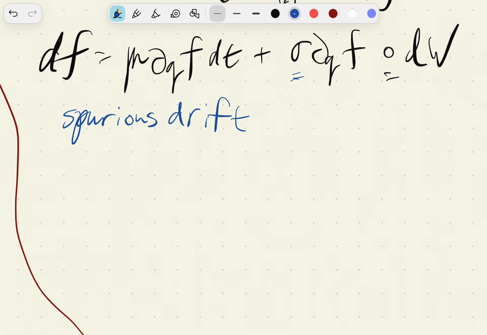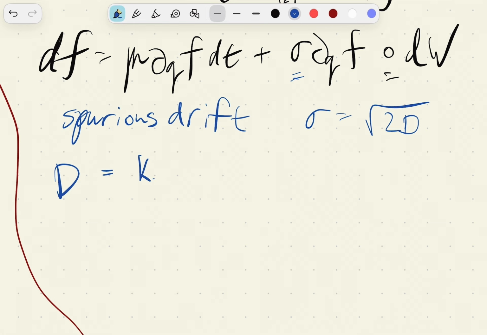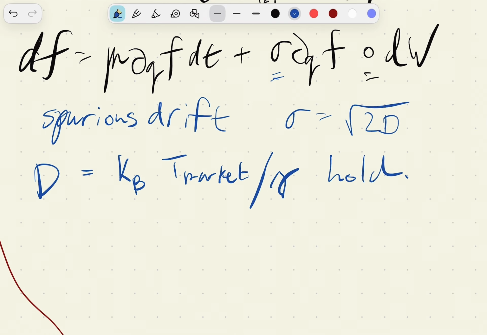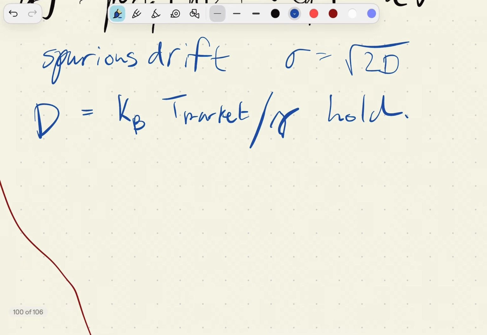And remember how we defined the sigma. Sigma is what? Square root of 2D, right? If you did this, D being equivalent to k_B T over gamma will hold, okay? And I will leave this as an exercise to the video viewer.